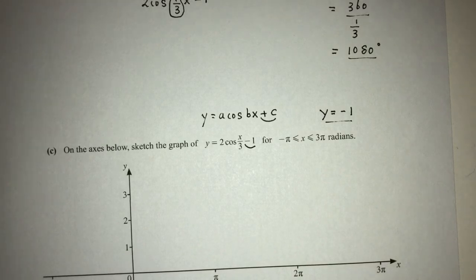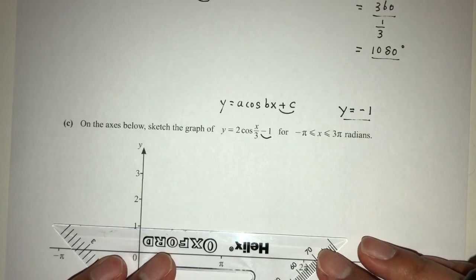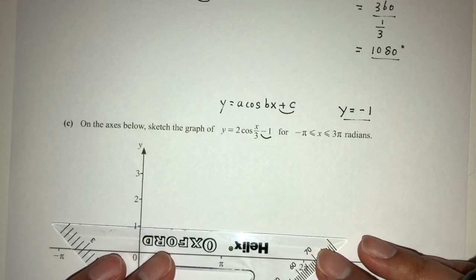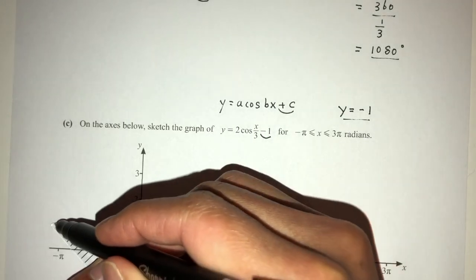Okay, let me find a ruler here and we can draw this line. Okay, so minus 1 will be right here, y equal to minus 1. So let me try to make a horizontal line and we will be good. So here you go.